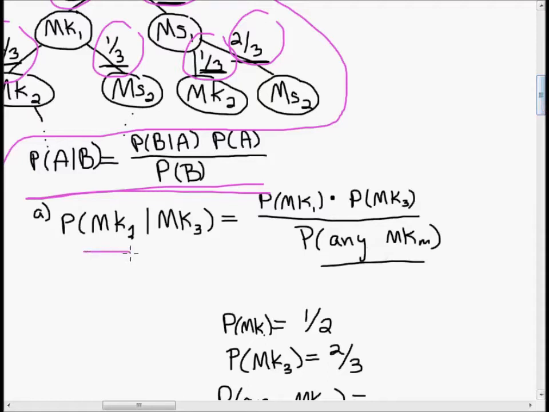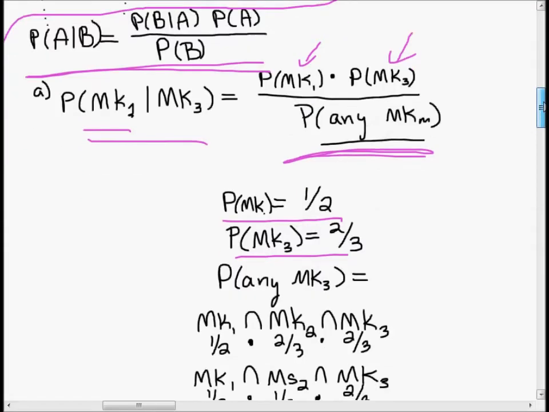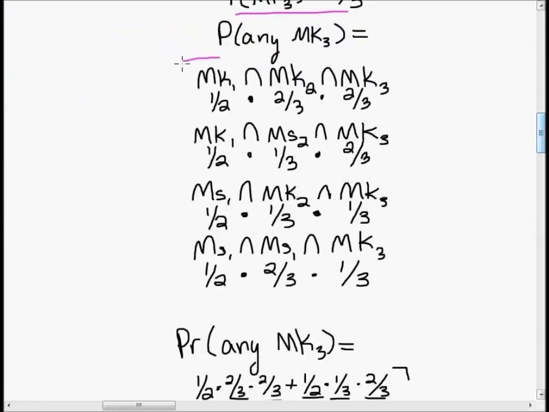That is equal to the chance that he makes shot 1, which is 1/2, times the probability that he makes the third shot, which is 2/3. We solved those down here. We knew those. Over the chance that he makes any of those third level shots. And that's what we solved here, and that's what all of these are.